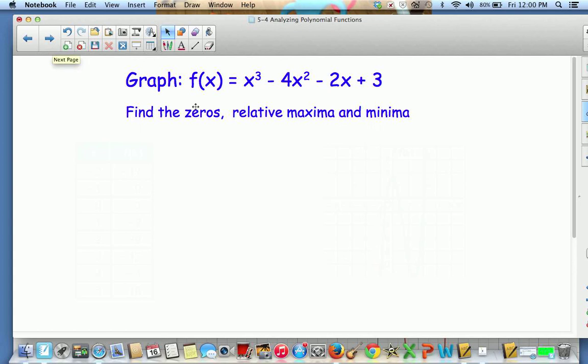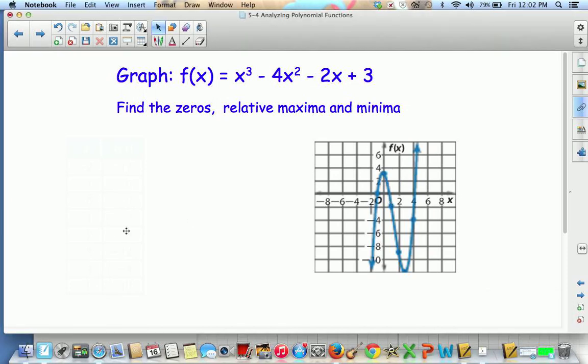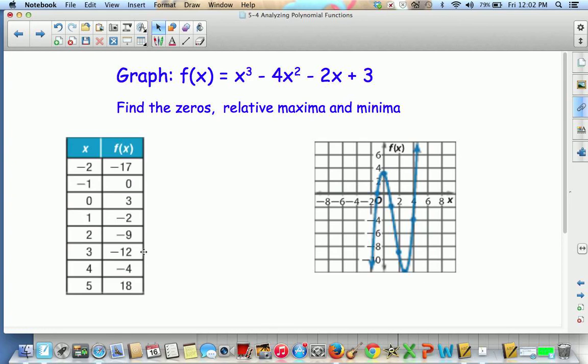So I want you to graph f of x equals x to the third minus 4x squared minus 2x plus 3, and find the maxima and the minimum of this. When you graph this, this is what your graph should look like. And then I have the table. Your table should also look like this.